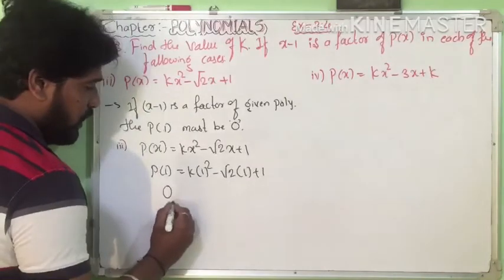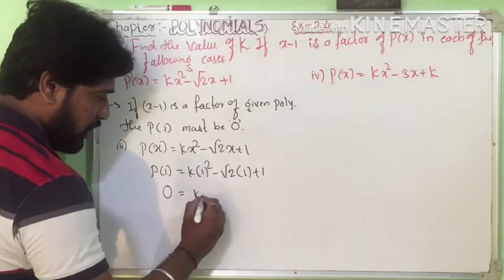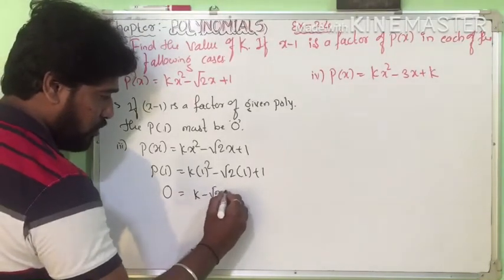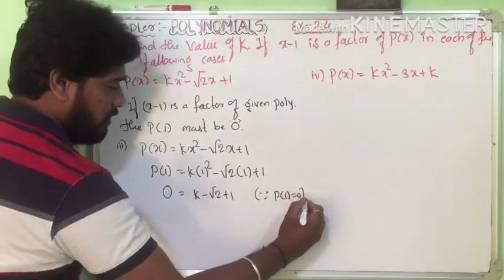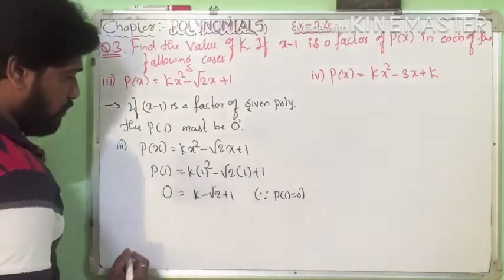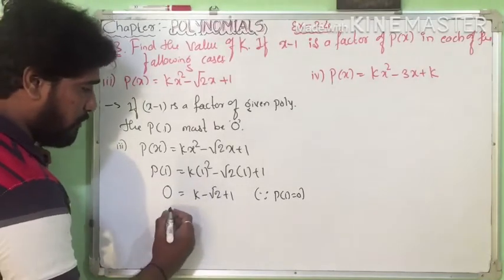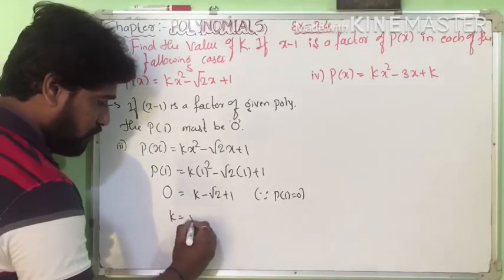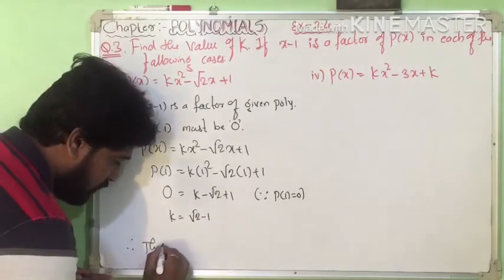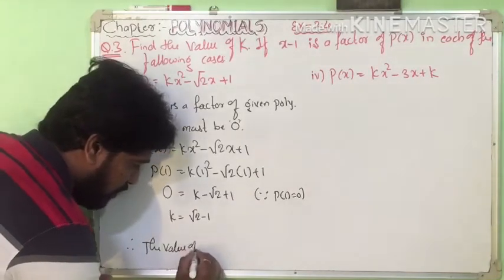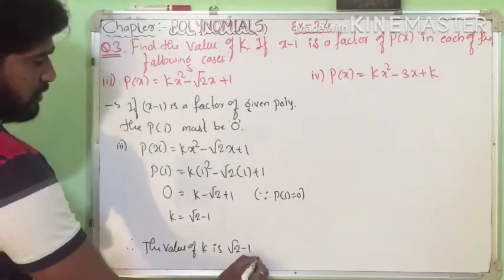So p of 1 must be 0 because it is a factor of the given polynomial. So 1 square is 1, k minus root 2 plus 1. Because p of 1 is equal to 0 by the factor theorem, then root 2 comes to this side and becomes positive, 1 comes to this side and becomes minus. So k is equal to root 2 minus 1. Therefore the value of k is root 2 minus 1. Is it clear?